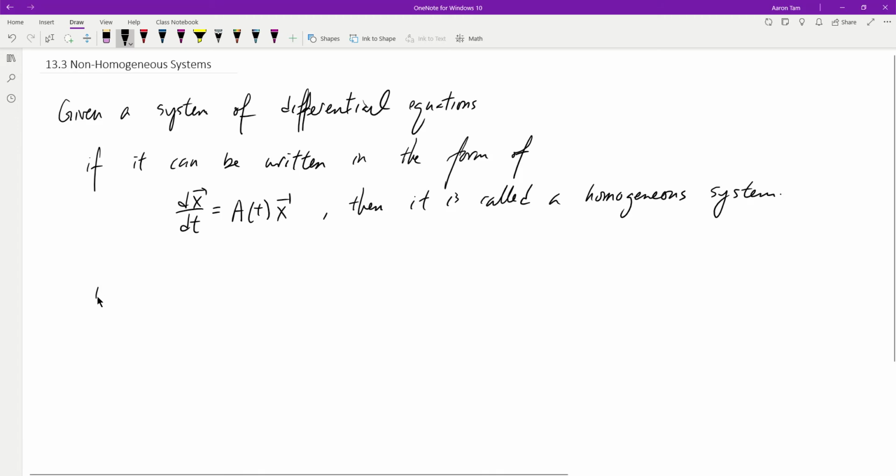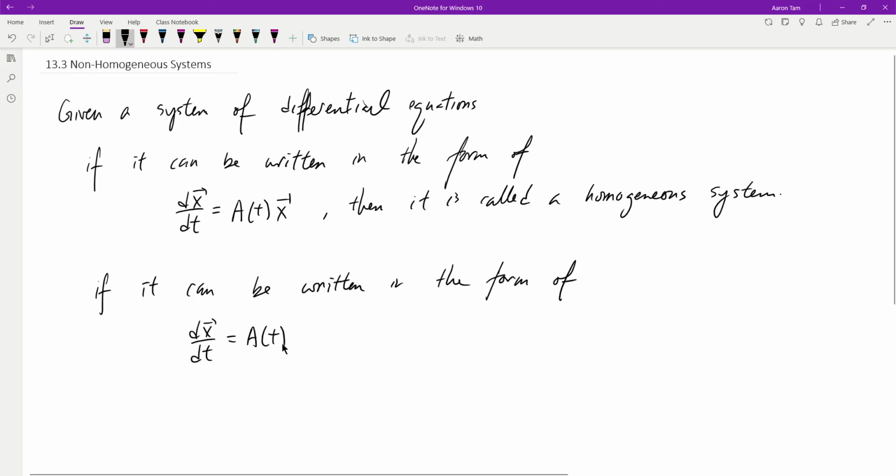Okay. Now, what happens with a non-homogeneous system? Well, if it can be written in the form of d vector x over dt equal to A of t times vector x plus vector b of t.